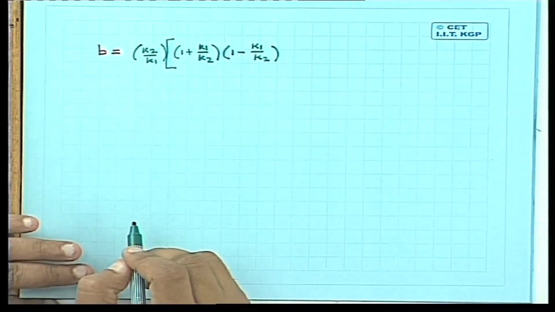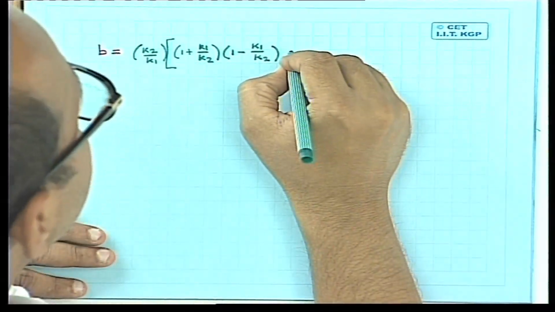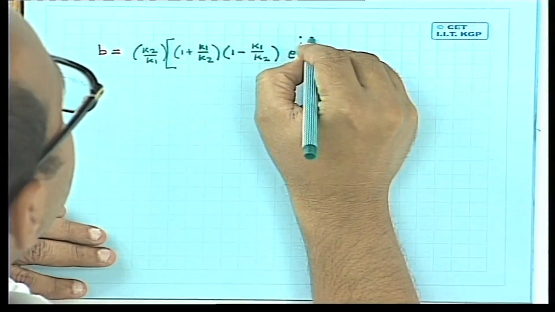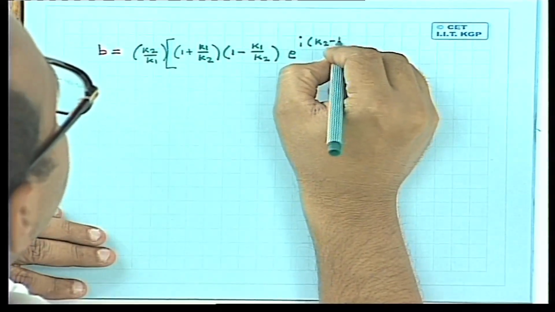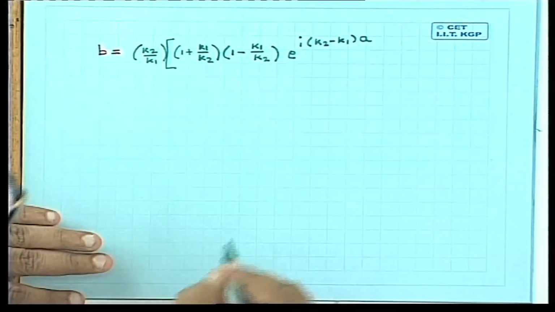And then I have e to the power i delta 1 prime, which is e to the power i (K2 minus K1) a.